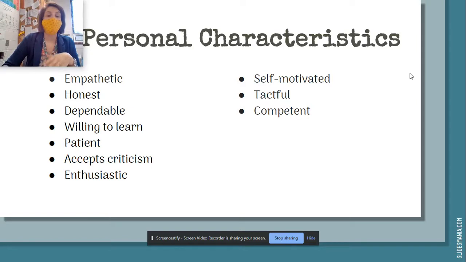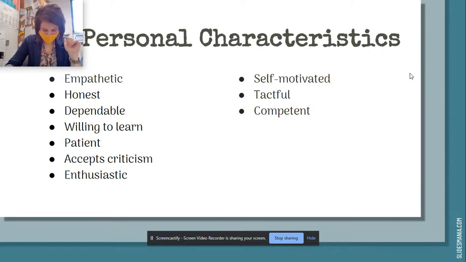I know how to give a shot. I know how to start an IV. I know how to put in an NG tube, which is a tube that goes up your nose and down into your stomach. If anybody wants to volunteer, I got you covered. So that is being competent. You know how to do those things and you can actually do them. You have to be able to know how to do your job.